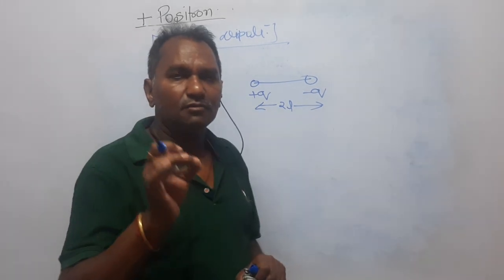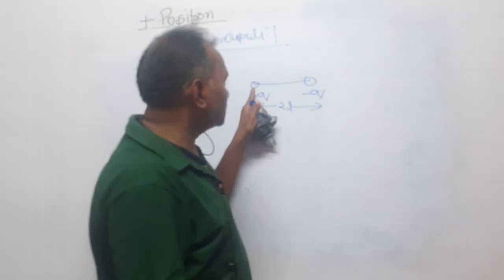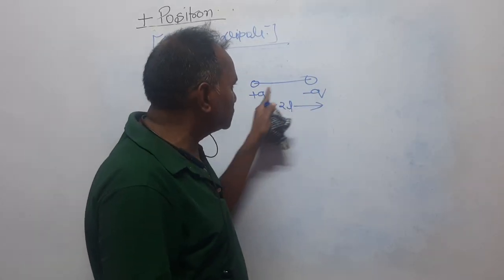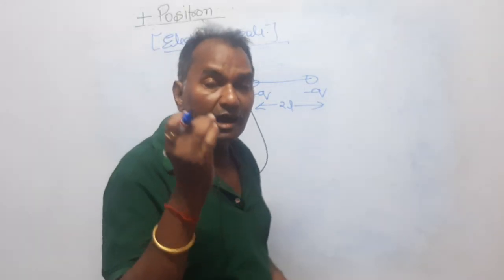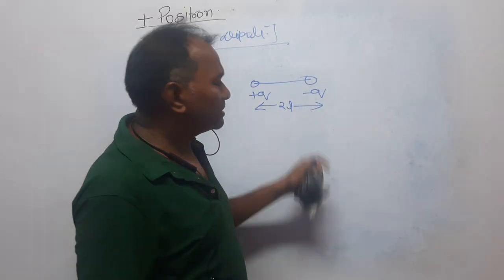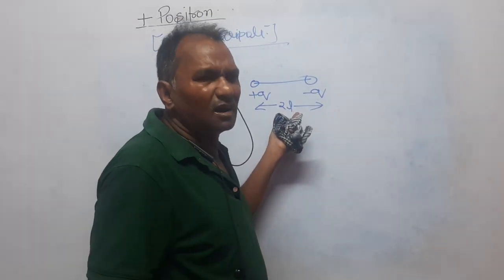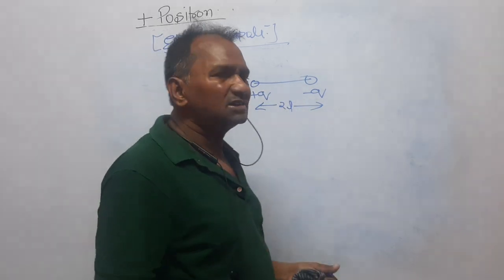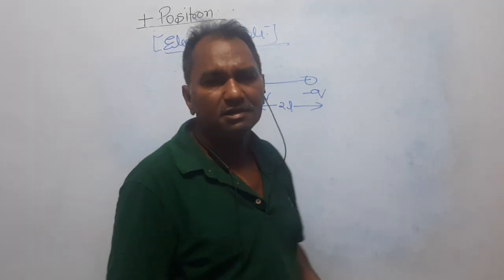How will you define the electric dipole? It is the composition of two charges equal in magnitude, opposite in nature, separated by a little distance from each other. This distance is in the order of angstrom, so such a composition is called an electric dipole.